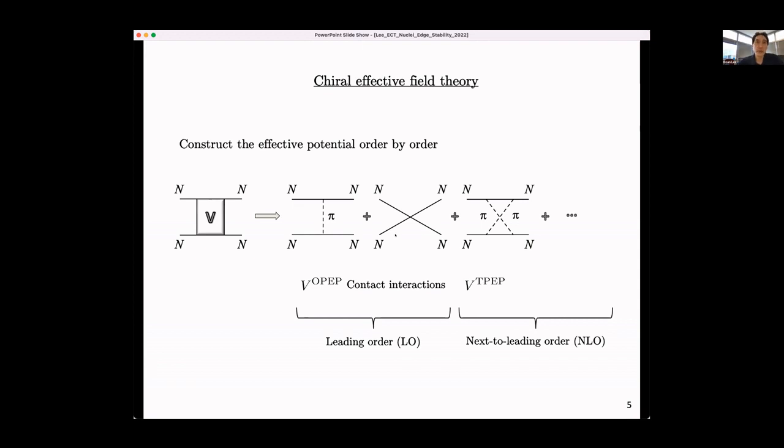So at leading order, what we're doing is just counting powers of momentum in this effective field theory. At leading order, or 0 powers of momenta and also 0 powers of the pion mass, we have the 1 pion exchange potential, and we have then the S-wave contact interactions. And then beyond leading order, we have things like the 2 pion exchange potential and higher contact interactions that have more powers of the derivative.